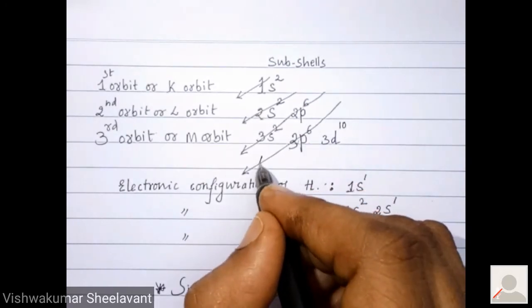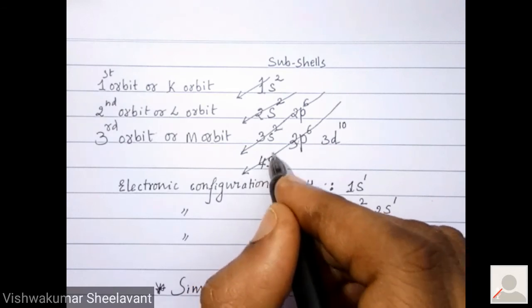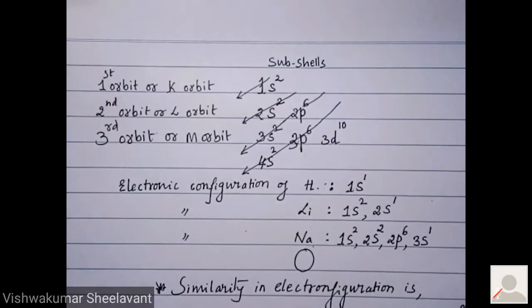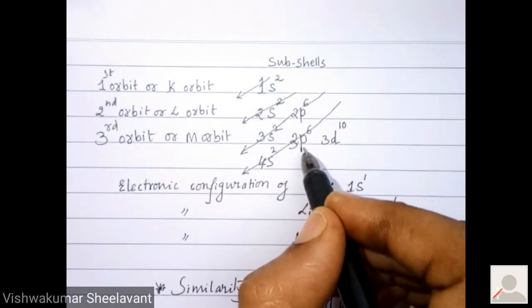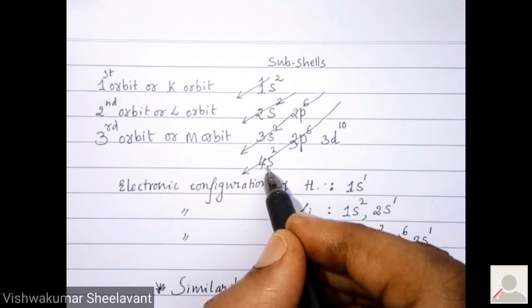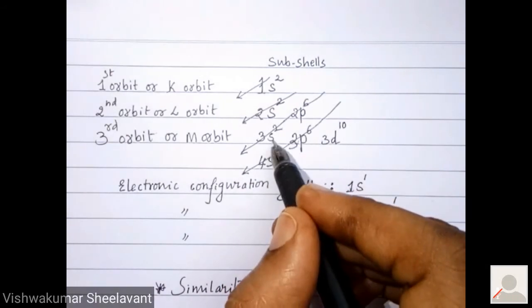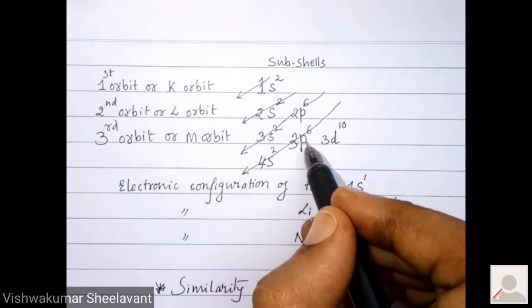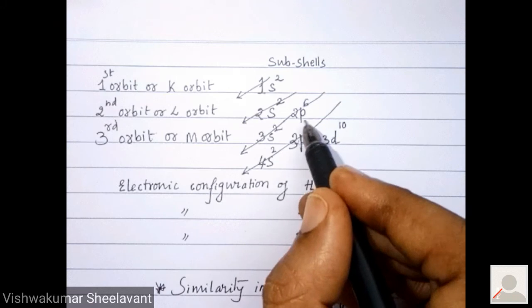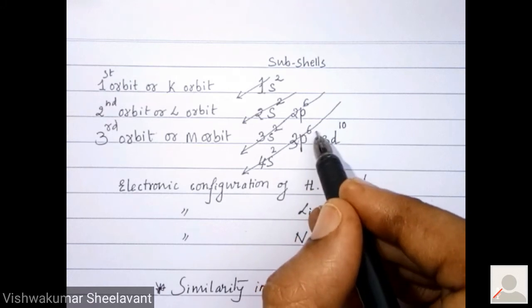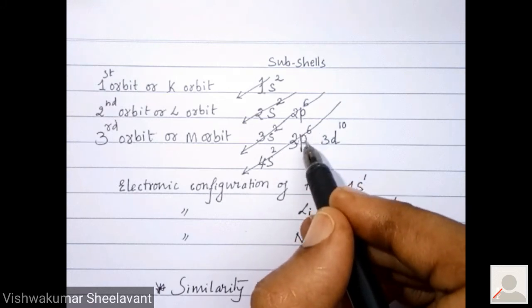Then you will be having here 4s square. Is it right? So before filling 3p, you cannot go to 4s. That is the meaning of this arrow mark. So after filling 3s, you have to fill 3p only. So the remaining 1 electron you have to place in the p subshell.